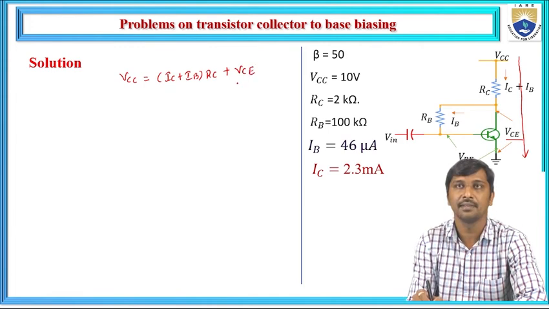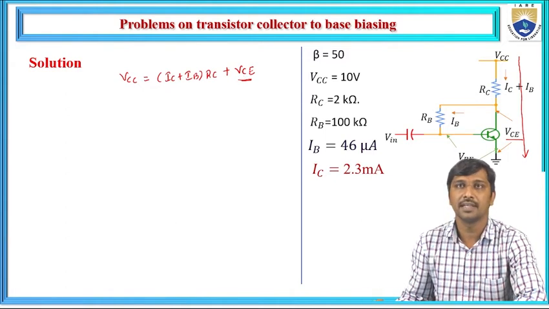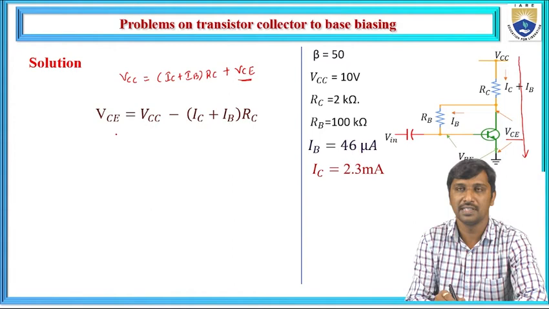From this relation, we can calculate how much collector voltage is produced with respect to the common terminal, that is the emitter. Hence, from this relation, I am going to find VCE.